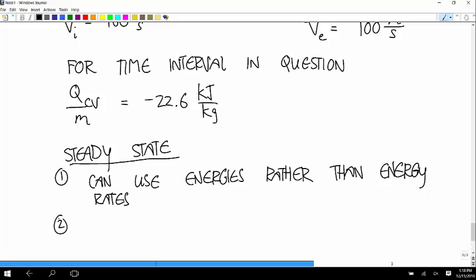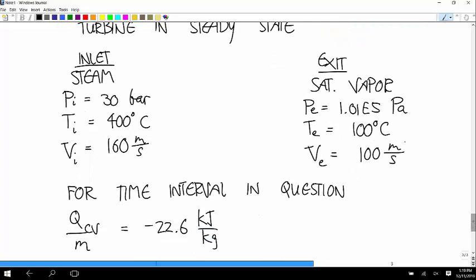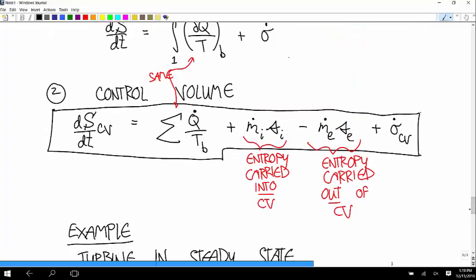And then in steady state, properties stay constant over time. And so if we're going to be using, oh, I haven't even asked what the question is yet, but assuming we're going to be using the entropy balance for control volumes, ds dt is going to be equal to 0.